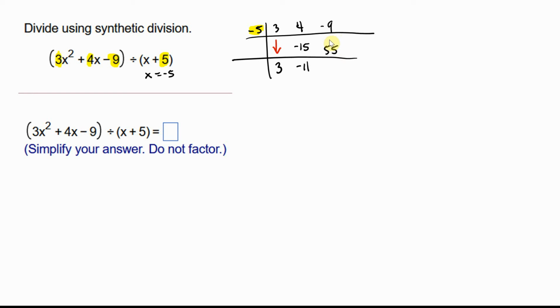And then here we add -9 plus 55, and that just gives us, what is that? 46. Okay. That 46 is our remainder.